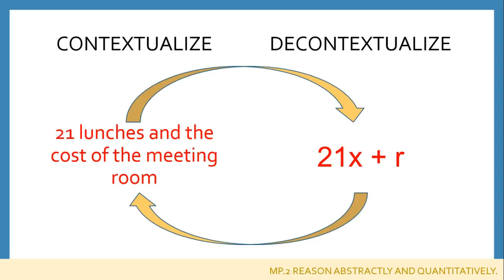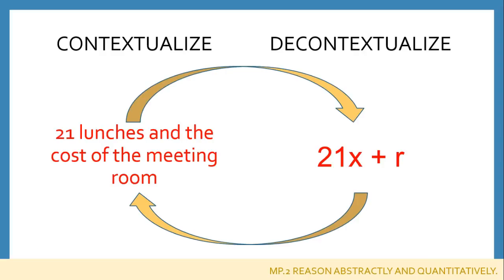For example, learners will decontextualize when they represent 21 lunches and the cost of the meeting room as 21x plus r, with x representing the cost of each lunch and r representing the cost of the meeting room.